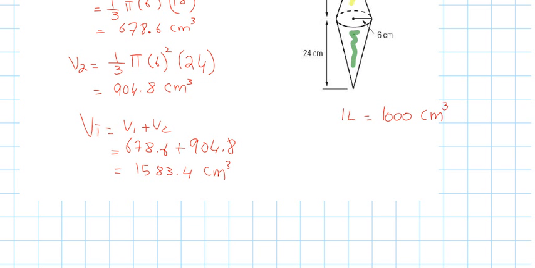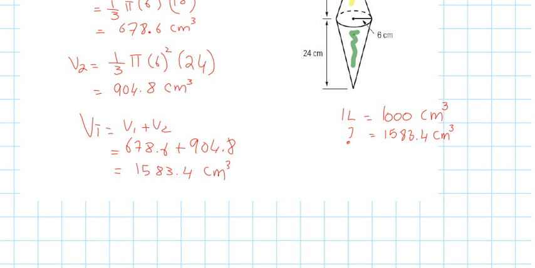All right, where would I place that answer? Under the centimeter cube, right? So under the 1,000, I'll place the 1583.4. I'm looking at how many liters that would be. What did we say we have to do? Cross multiply and divide by 1,000.